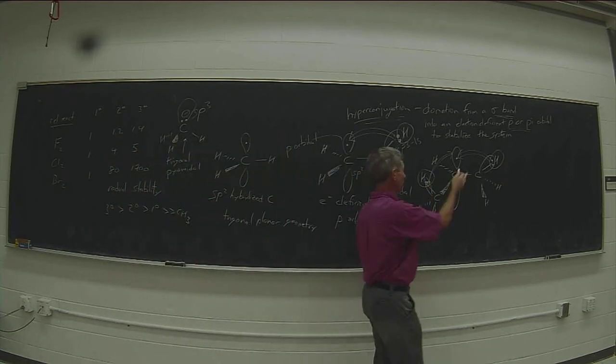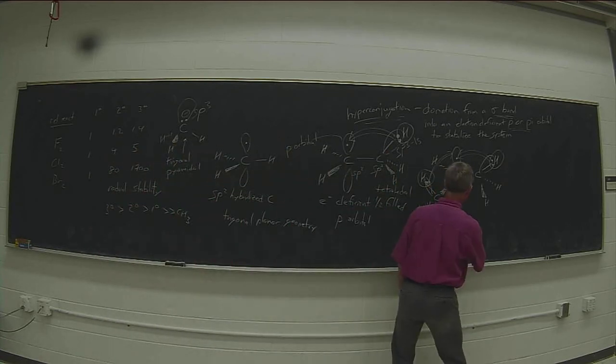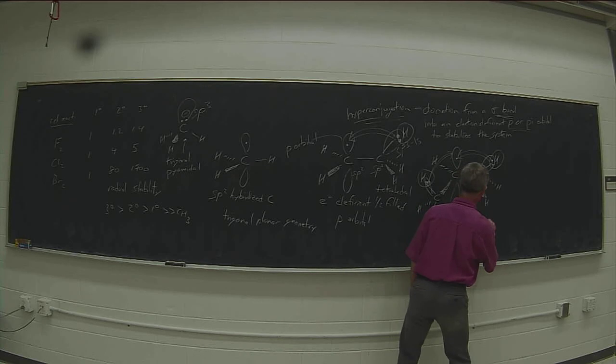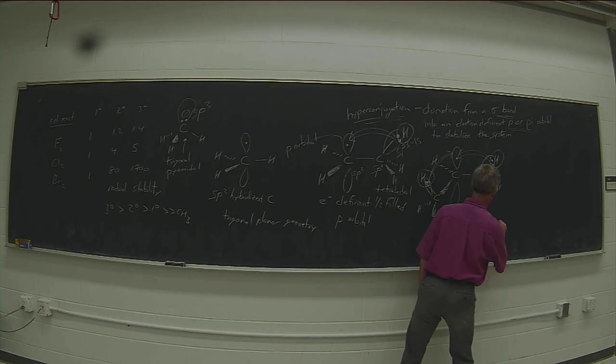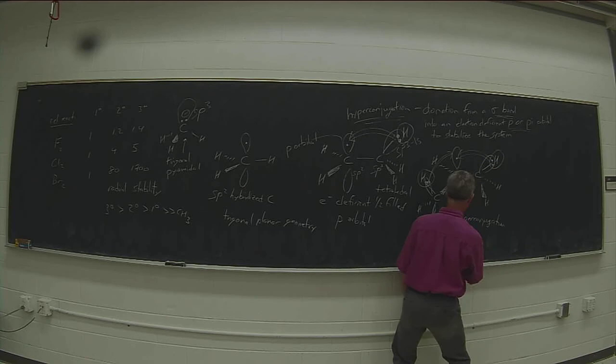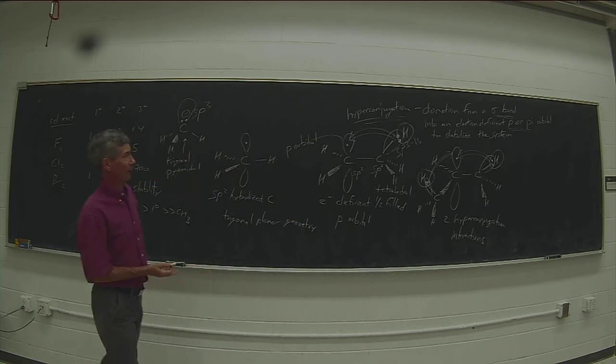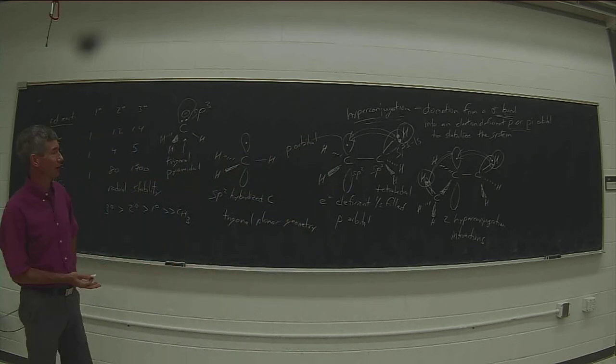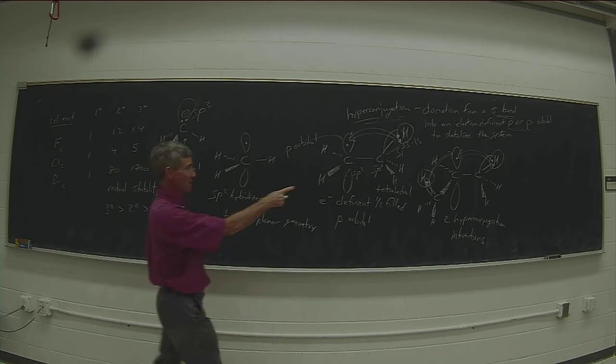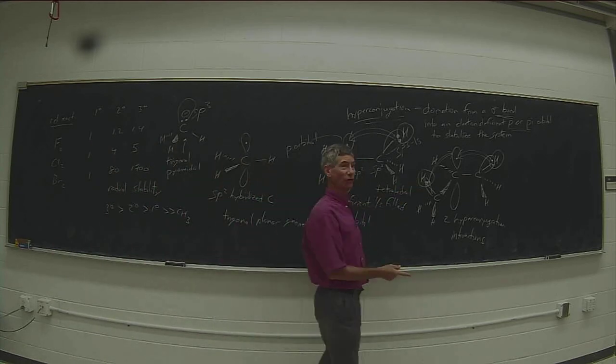There are two hyperconjugation interactions. Two hyperconjugation interactions stabilize that half-filled p orbital. More than one hyperconjugation interaction, making the isopropyl radical more stable than the ethyl radical.